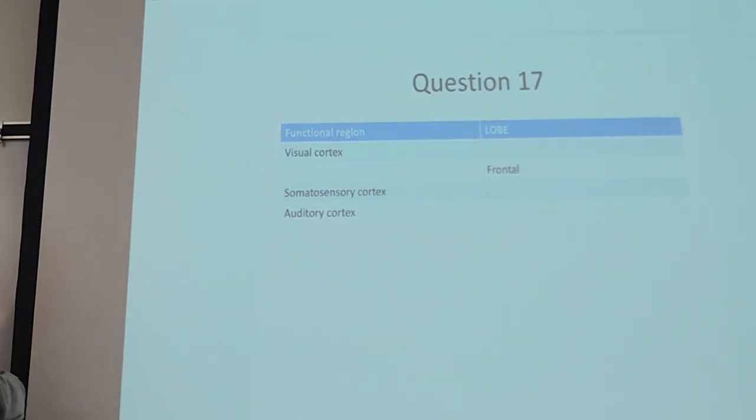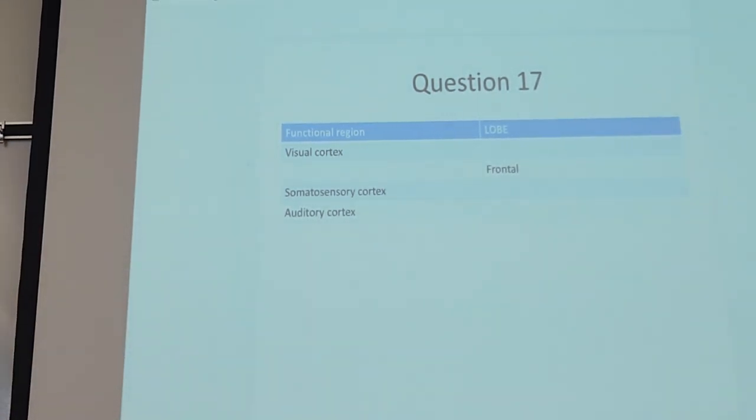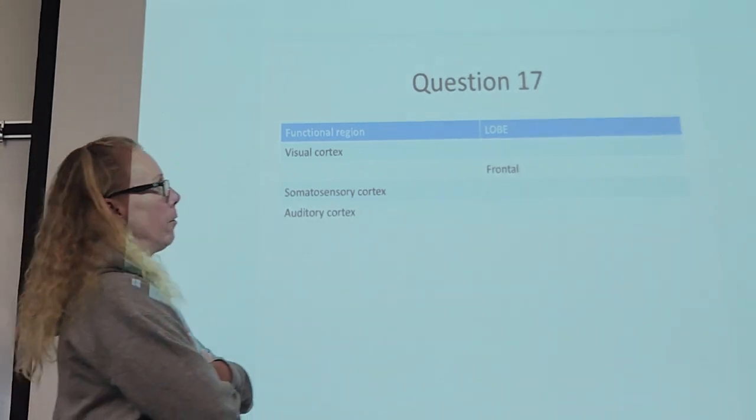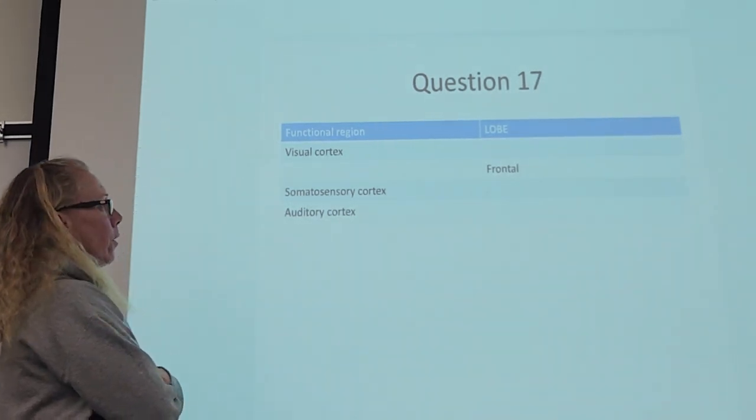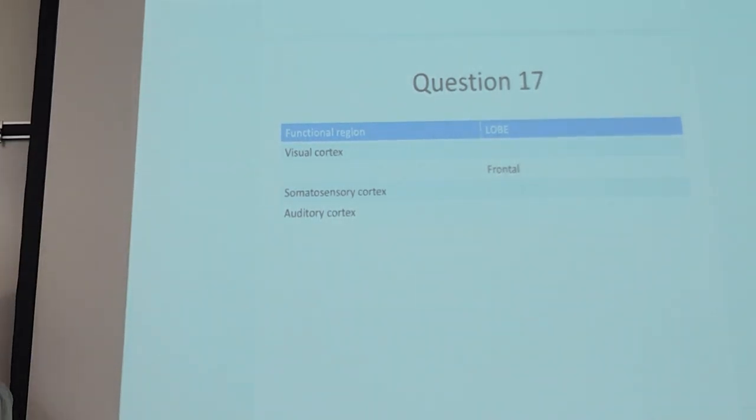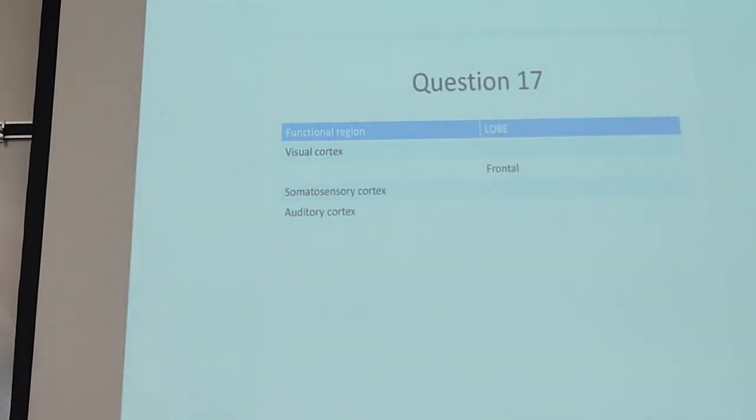So, if the functional region is the visual cortex, what lobe are we talking about? Occipital. And if we're talking about the frontal lobe, what functional region is that? So how would we describe the cortex in the frontal lobe?